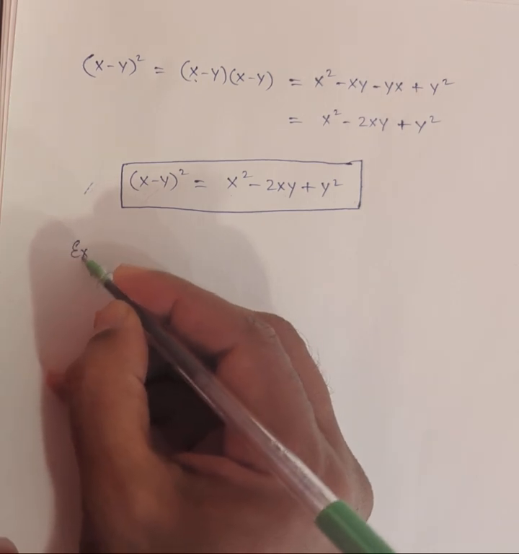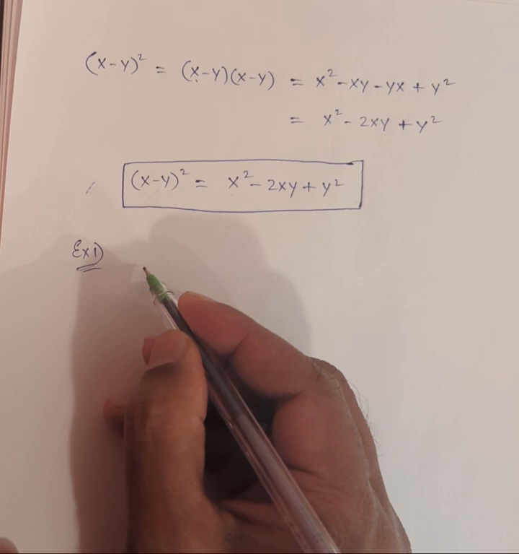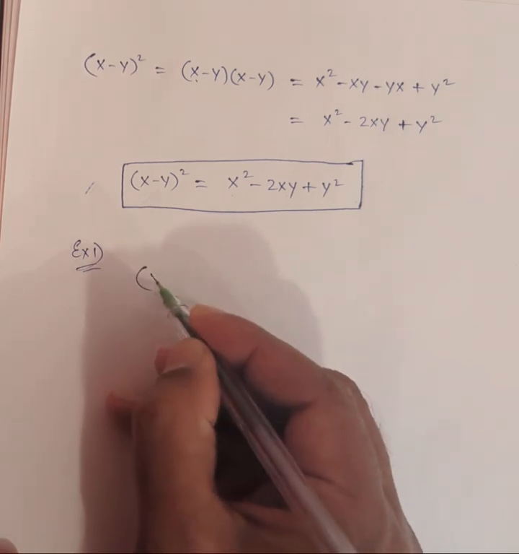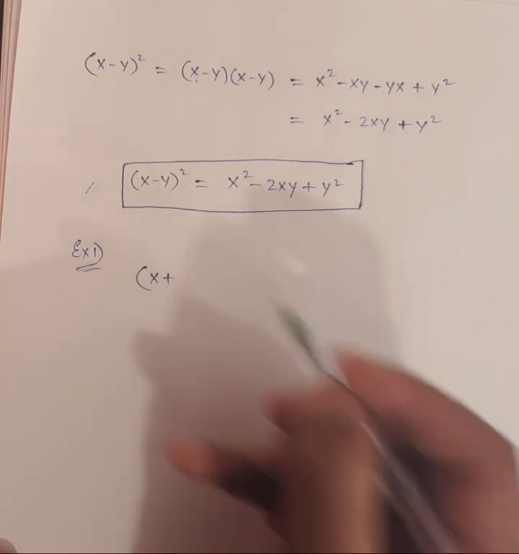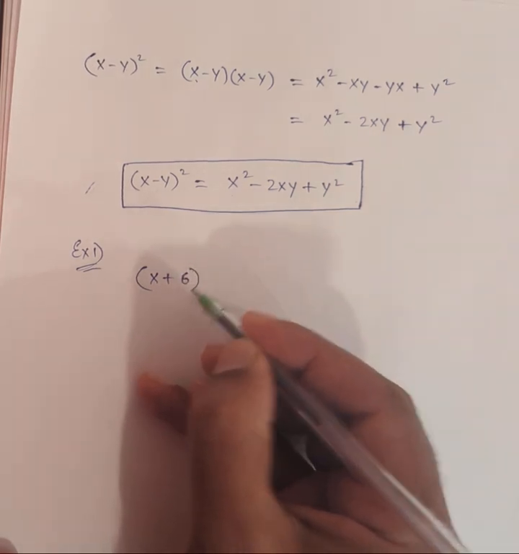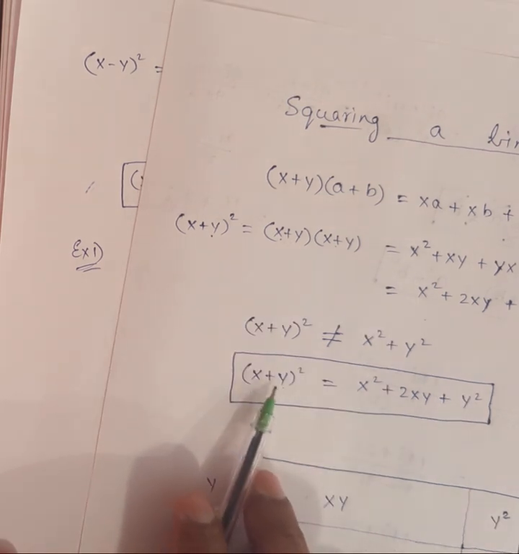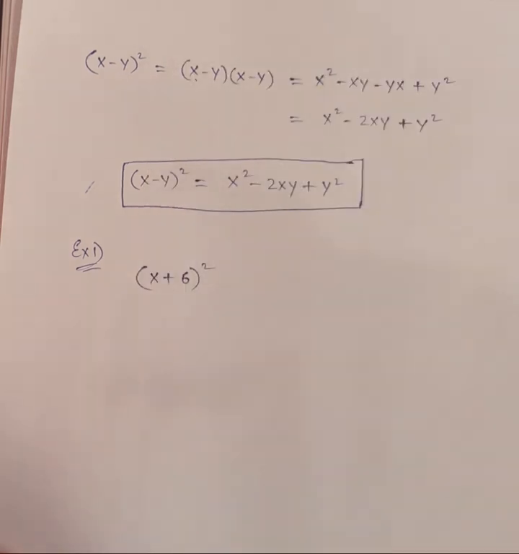So let's do some examples that are of practical significance. So I'm going to have x plus, not y, let's say 6. Usually in problems, you have only one variable, x, and then the other is a number.